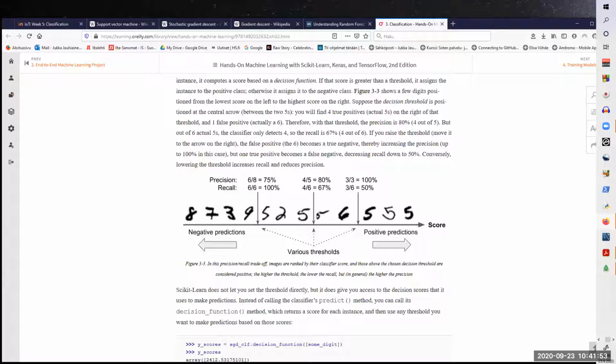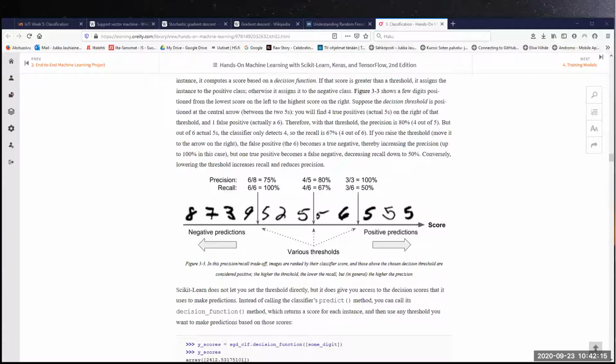Now I think, wait a minute, I put on the Teams chat. Why doesn't it go? Wait a minute, for some reason my Teams chat is missing.